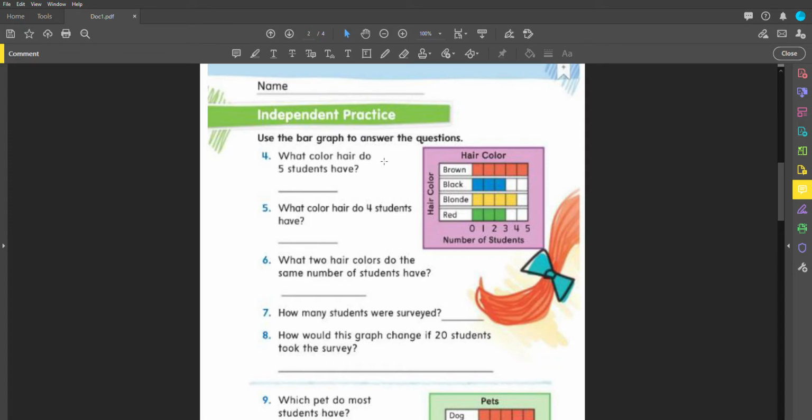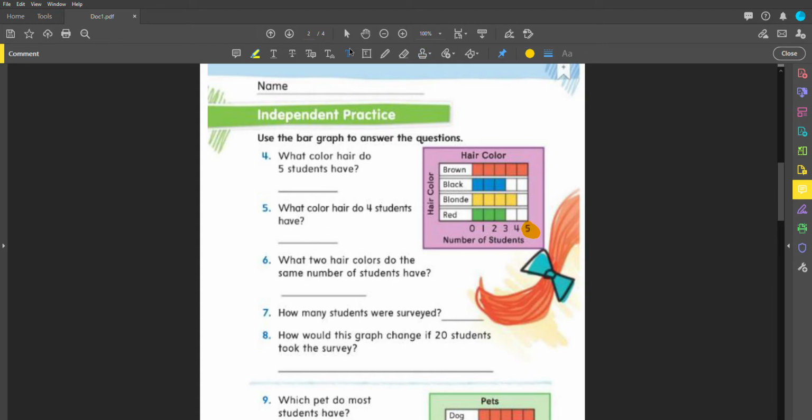What color hair do 5 students have? First, we want to know the number of the students. You want 5. Which one of the colors has 5 students in it? Is it the brown, black, blonde, or red?